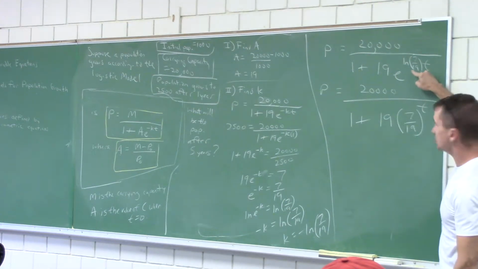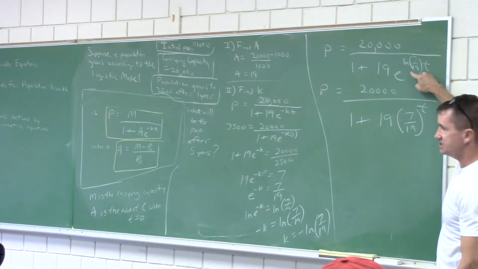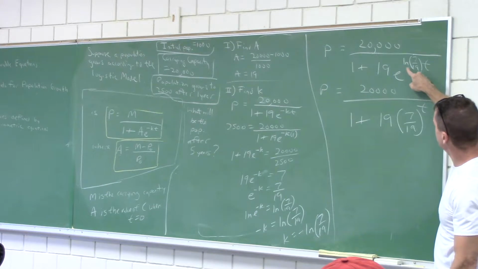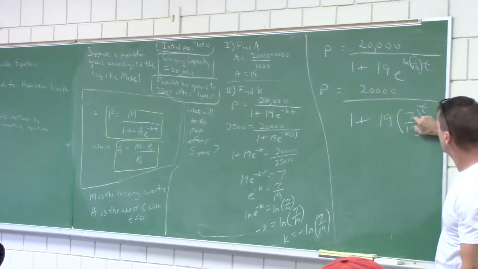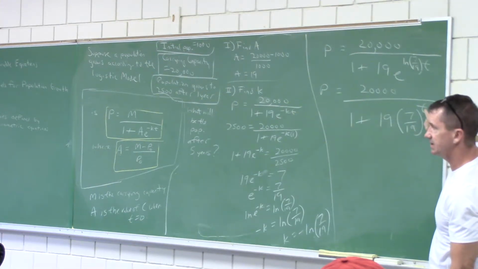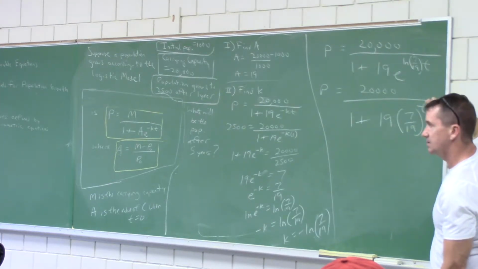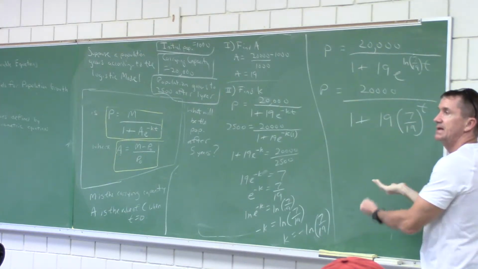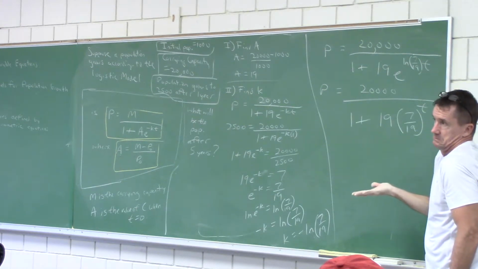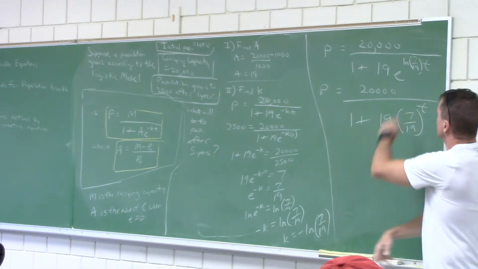Make sure you see what I did so it's not bugging you. e to the ln of 7 over 19, raised to the t, is just 7 over 19 to the t. I just find that easier to type into my TI-84. But you might be like, no, I'm just going to do that.